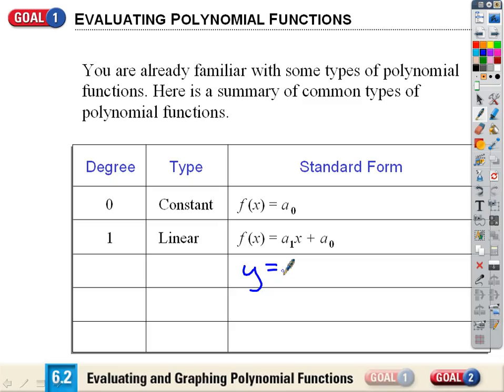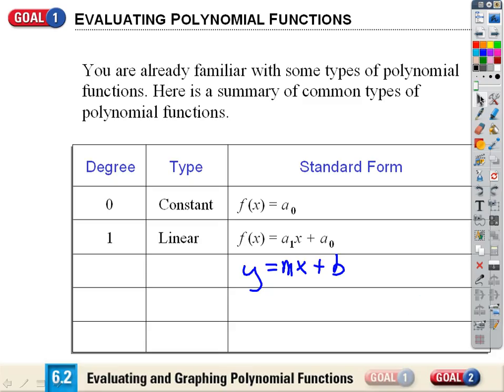Y equals mx plus b. So instead of calling it a sub 1, it had a real meaning for us. It was m, the slope of the line. And instead of being a sub 0, the constant actually meant something. It was the y-intercept. But the whole time, we were just dealing with a linear polynomial, first degree polynomial, without knowing it.